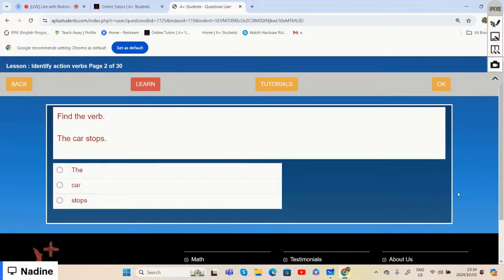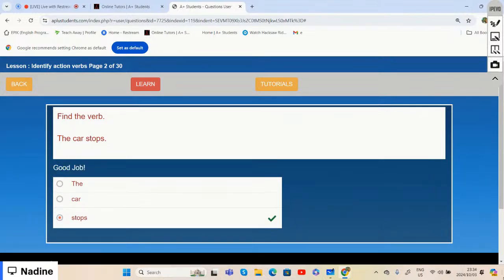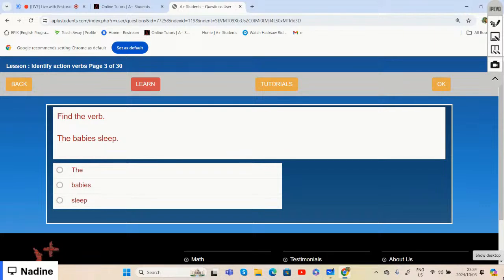So the car stops, and we will say stops is our action verb. It tells us what the car does.